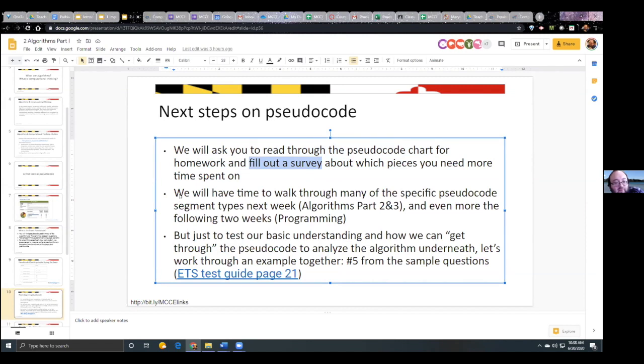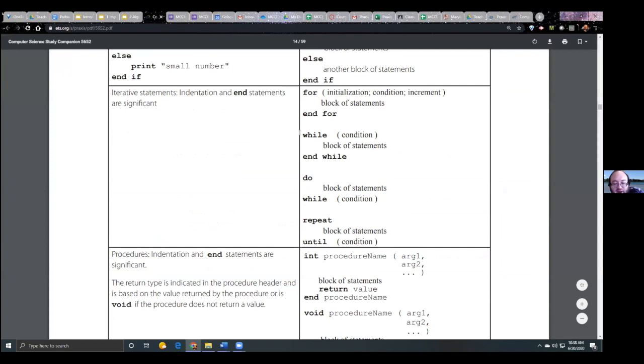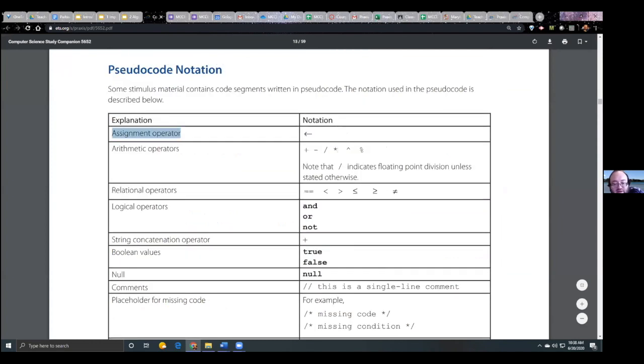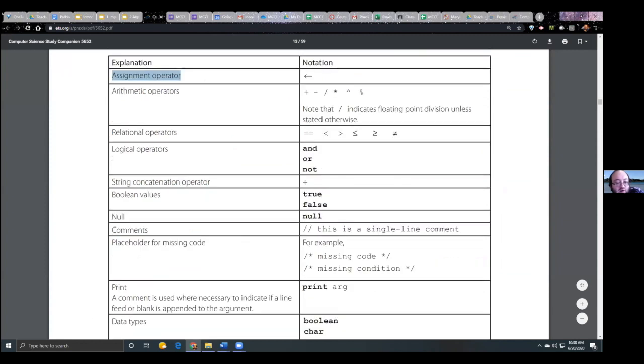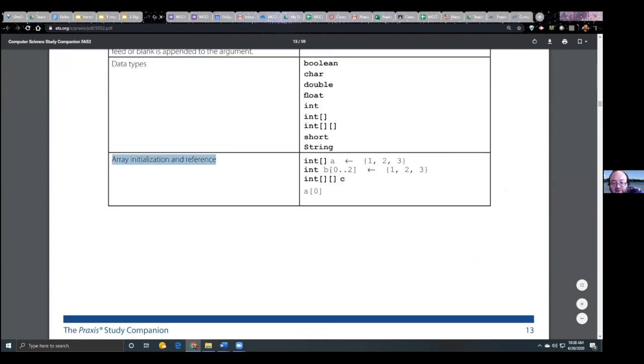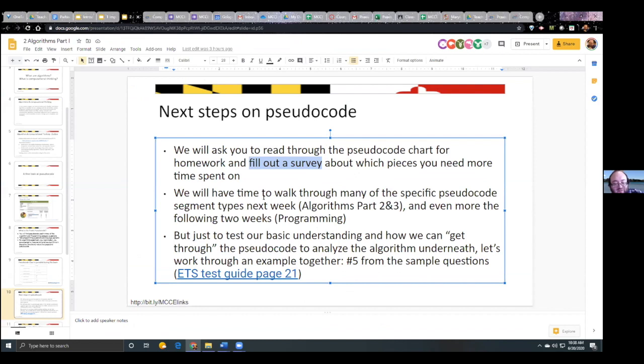So for example, maybe you're really good with assignment operator, that arrow, you understand what that means and don't need much time at all spent on it. But maybe you do need more talking about the array initialization and reference. Okay, so please do check your emails, look out for that survey. I might even be able to post it in the chat here when we're finished for today, but I'm sure many of you want to take a break after we're done.